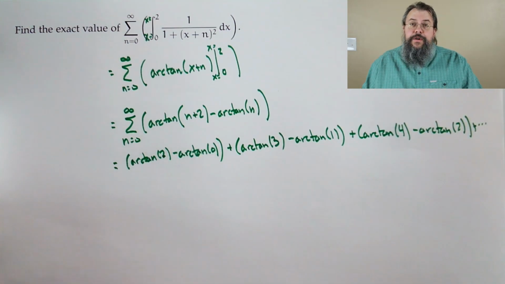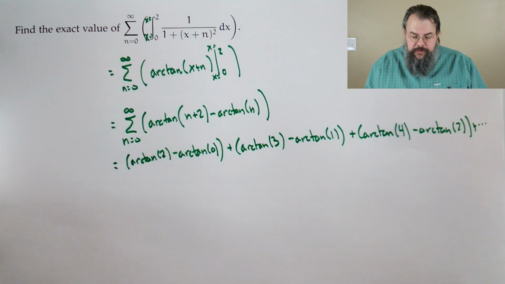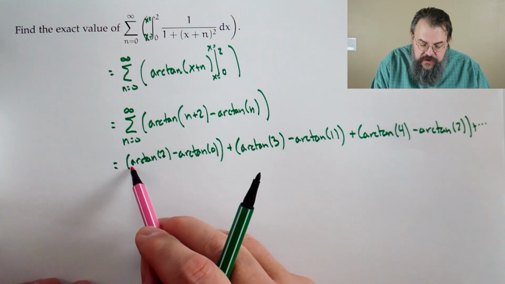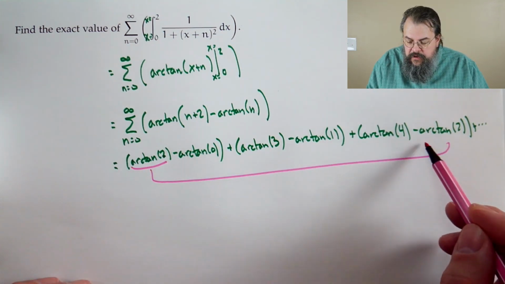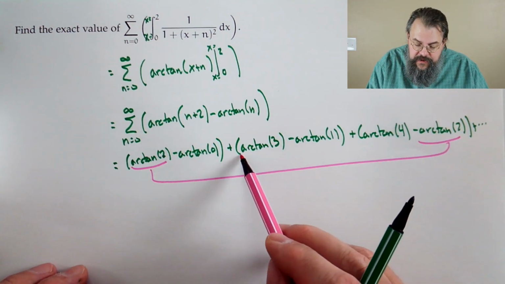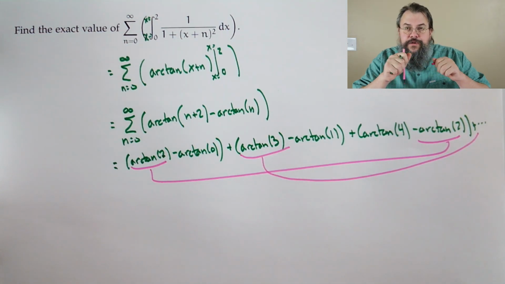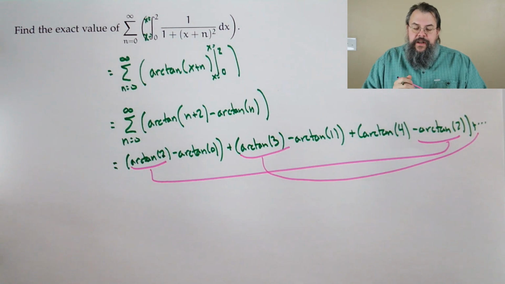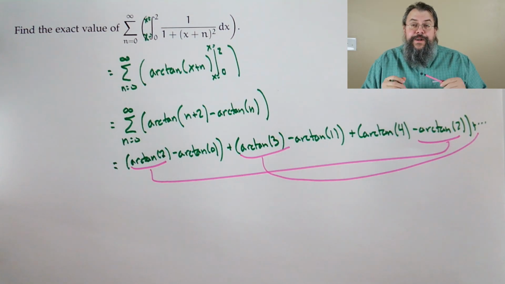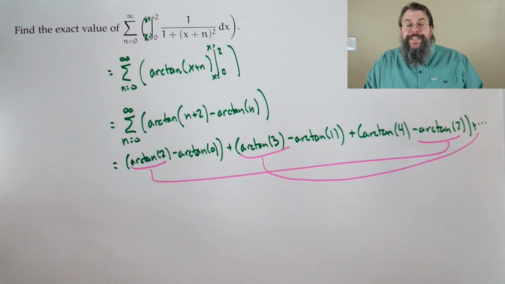Because of the n plus 2, we say, we should look 2 steps down to look for cancellation. And we say, notice the arctangent of 2 would cancel with the arctangent of 2. And if you look at this arctangent of 3, it would cancel with the next term. And you see, cancellation. And you're like, wow, cool, beautiful. So, does that mean everything cancels except this arctangent of 0?